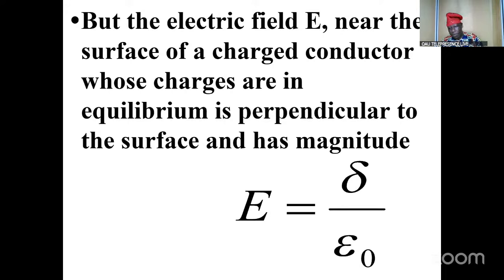So E equals sigma over epsilon naught. This is the next question for you to try as I dictate. The electric field operating within a specific rod is 25.4 coulomb per meter.